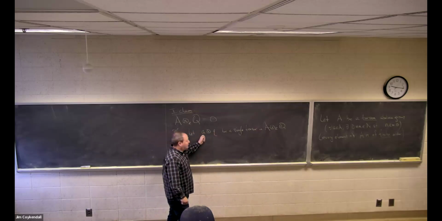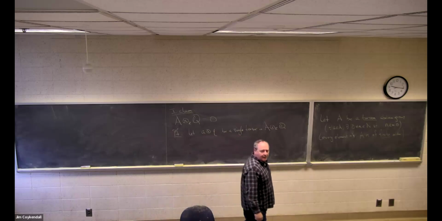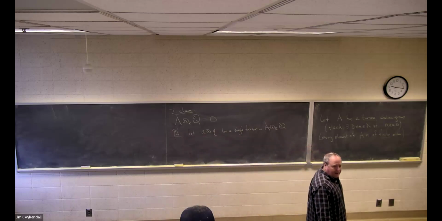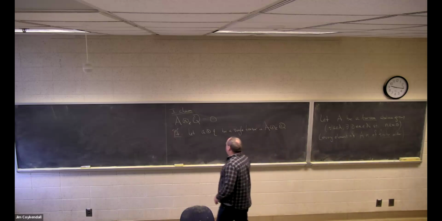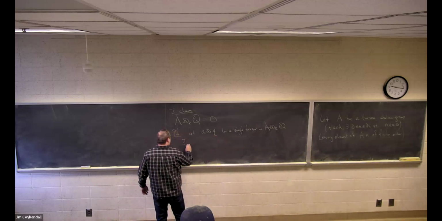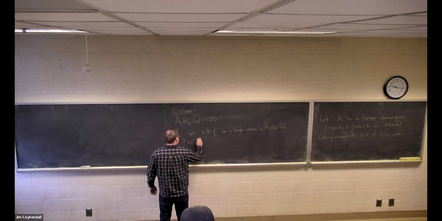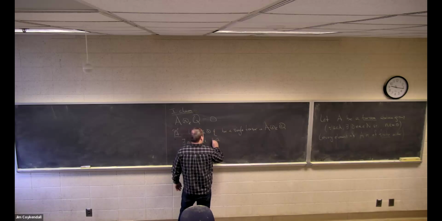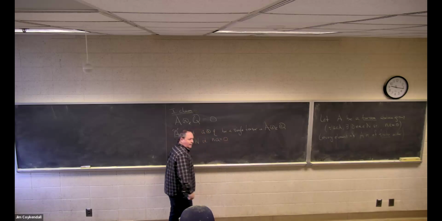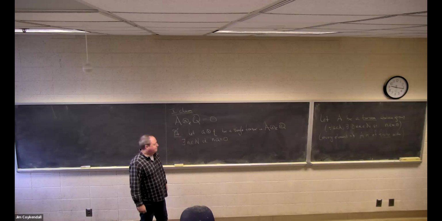Anyway, what do you know about a? Well, a is an element of a torsion group, so there exists n such that n times a is 0. I agree with that.